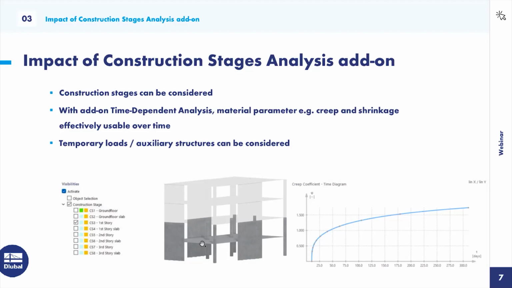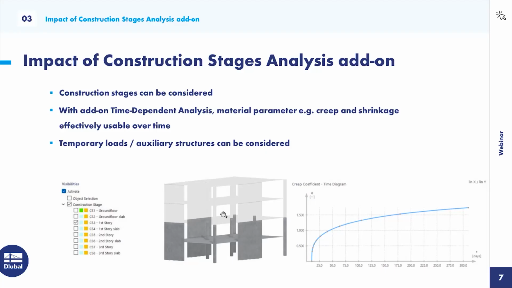Or, let's say, when you have an additional column here, which has effects on the reinforcement, for example, you can also consider this and add this column in one construction stage and delete it in the next. So you have the option with this add-on to analyze different models, let's say, in one calculation.